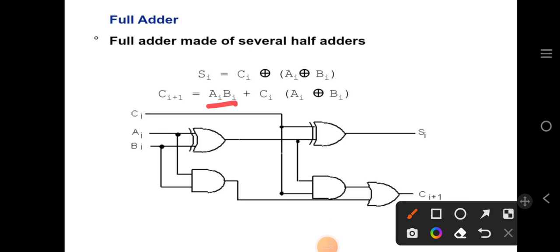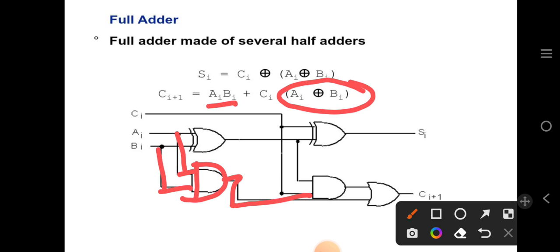So Ai Bi I have given to the AND gate. After that the XOR operation of Ai Bi. As we know, this is the XOR operation of Ai Bi, so we can take the output like this. Now these 2 outputs are ANDed together here.